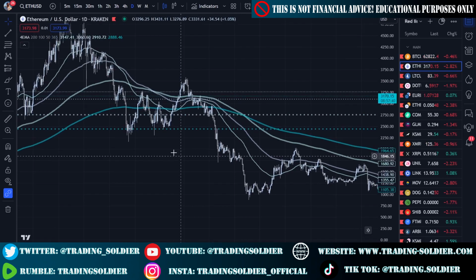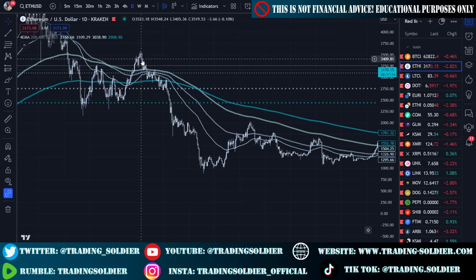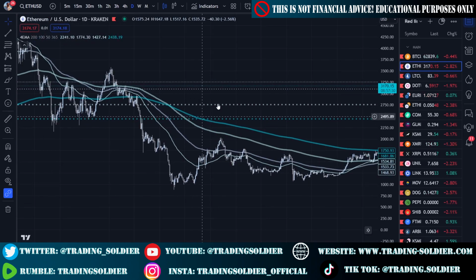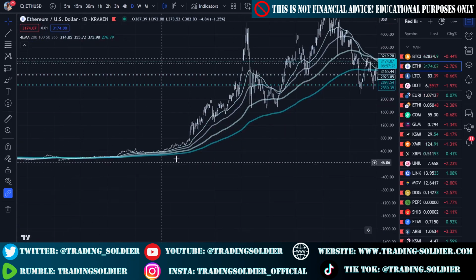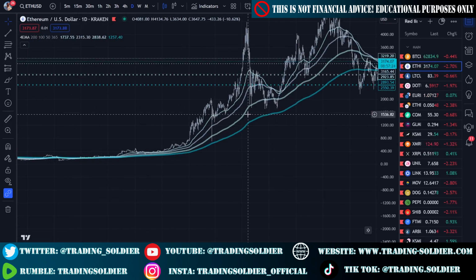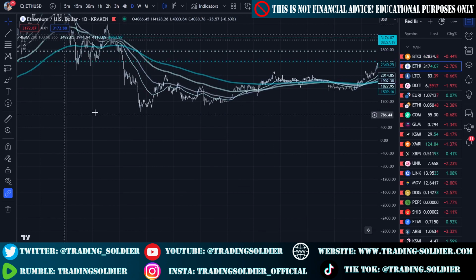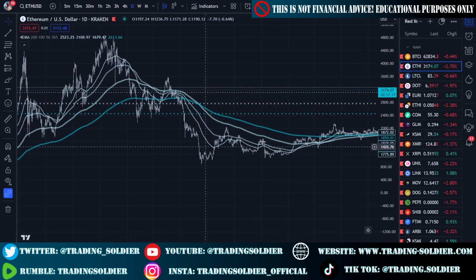So we can expect a rejection whenever the price reaches these EMAs, and the price will get rejected and bounce to the opposite side, okay? This is important because we can identify the actual trend, whether we are in an uptrend or a downtrend, and also we can identify the support and resistance levels.